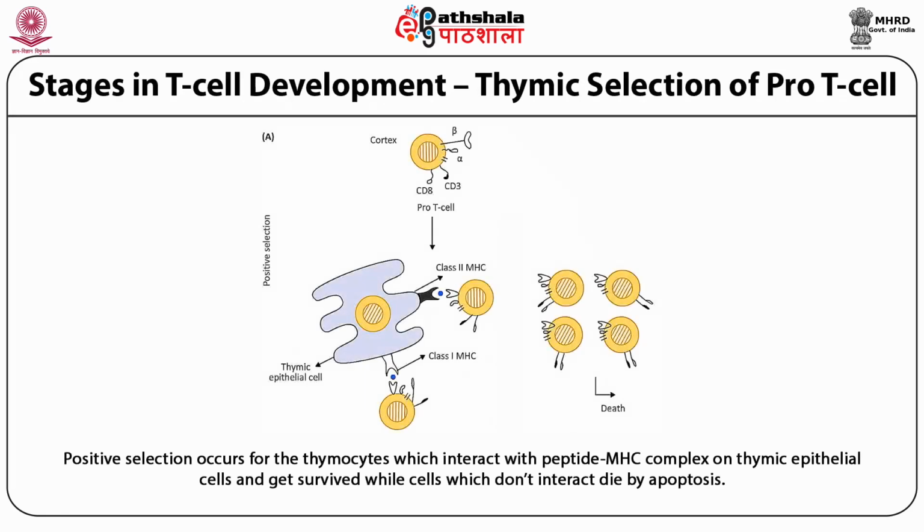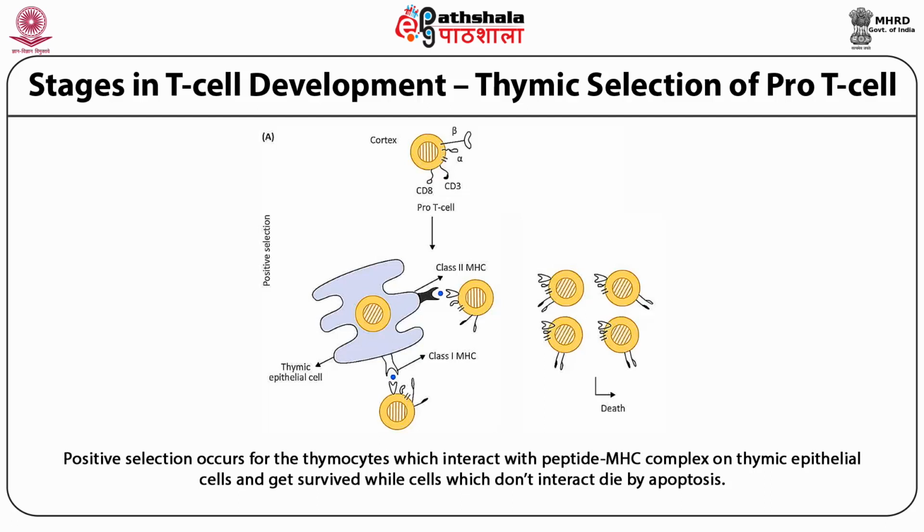The pro-T cell, which is double positive for CD8 and CD4, now interacts with thymic stromal cells such as macrophages, dendritic cells and epithelial cells, and this interaction with the thymic stromal cells leads to its selection, which is also known as thymic education or thymic selection. This selection helps in the formation of T cells which are self-MHC restricted and which are self-tolerant.